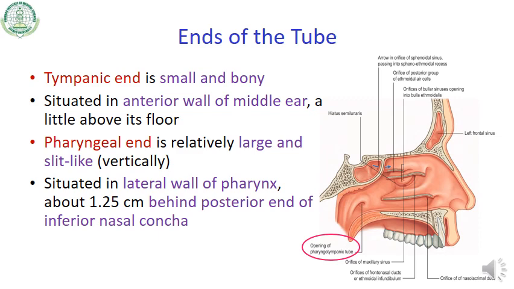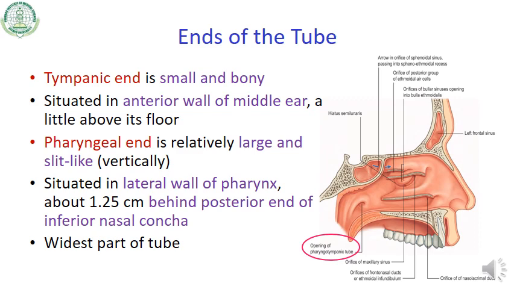This pharyngeal end is situated in the lateral wall of the pharynx, about 1.25 centimeter behind the posterior end of the inferior nasal concha. So this is the inferior nasal concha. Behind that, about 1.25 centimeter, this medial end of the pharyngotympanic tube is present, and this is the widest part of the tube.